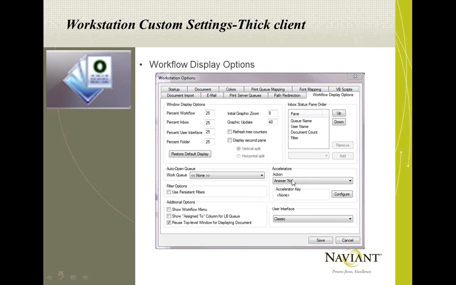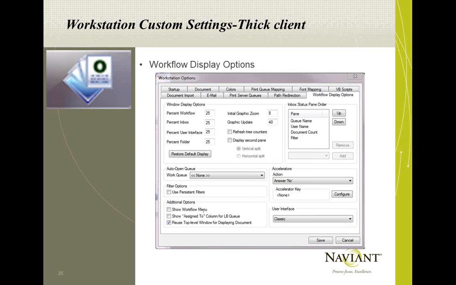And then here are those accelerator keys that I was talking about earlier. There is a list here of several options that you can change, like switching within the document window, or switching within the interaction window, or the folder window. So there's a whole list of options under the action here that allows you to perform different actions.